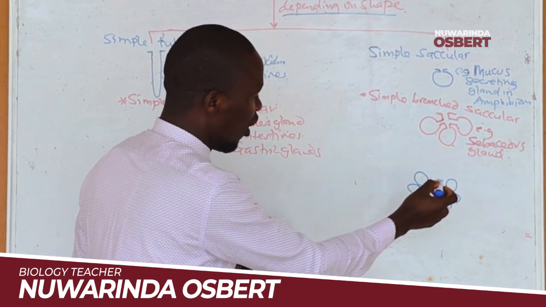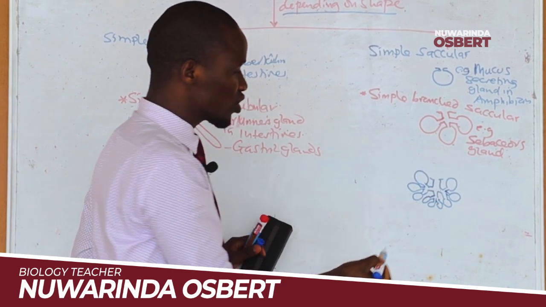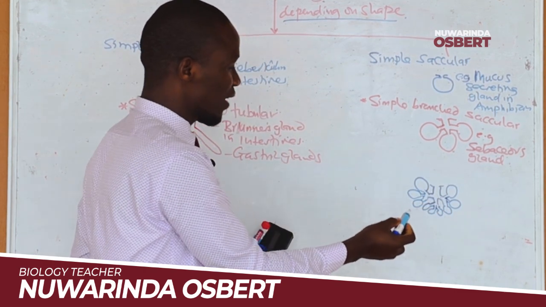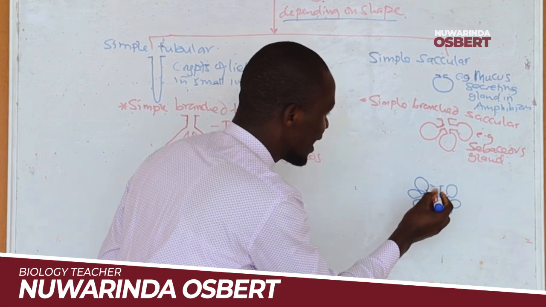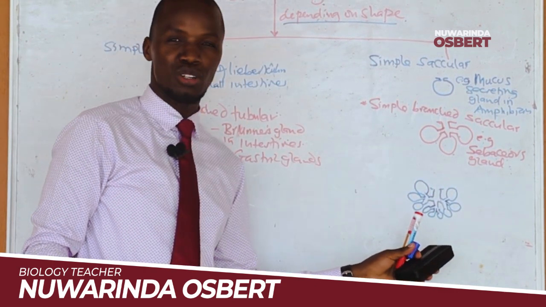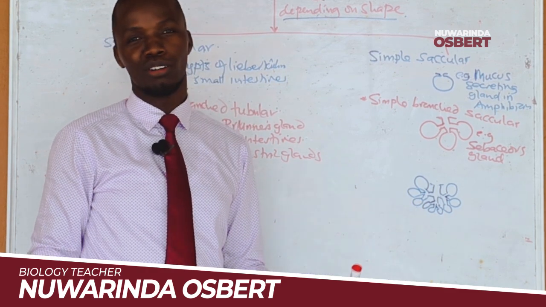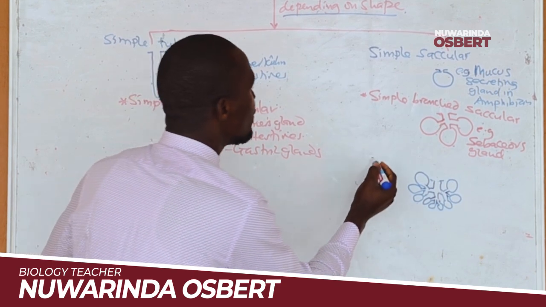So you can imagine all these ones here are later all releasing their secretion, and their secretions later come and join up here. Whatever has been secreted comes up here like that. Such a gland, I think we can no longer call it simple. I think now it has become complex, but we don't call it complex, we call it compound.